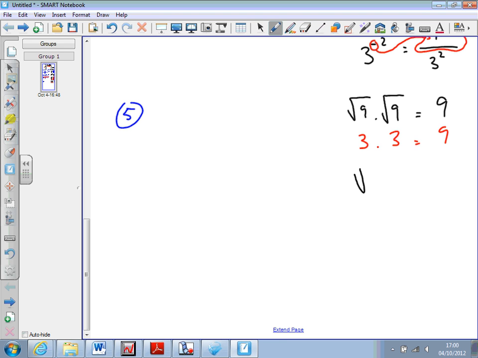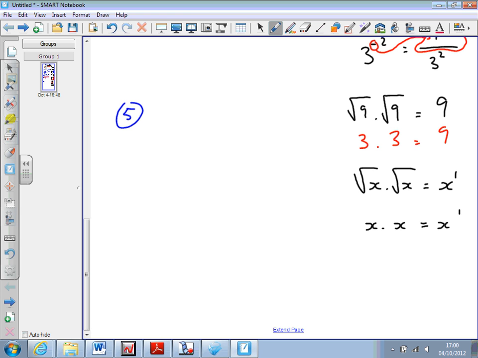So the square root of x multiplied by the square root of x gives x, to generalize. What's the power of this x here, by the way? 1, right.